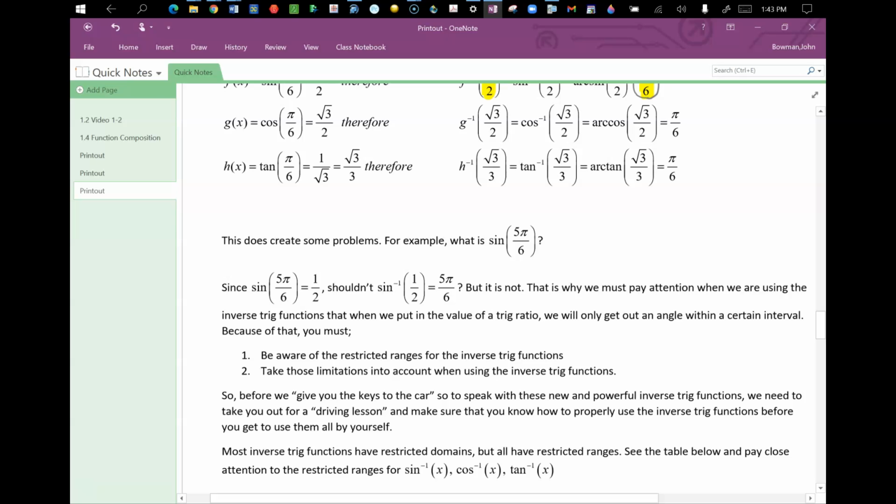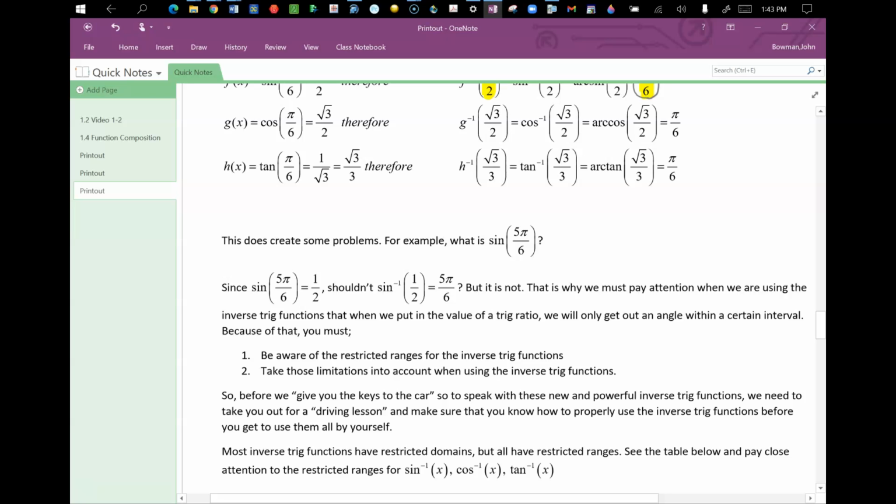So we have to keep that in mind when we're using them. When you're using the inverse trig functions, be aware of the restricted ranges. It's only going to give you an angle within a certain interval, and take those restrictions or limitations into account when using them.